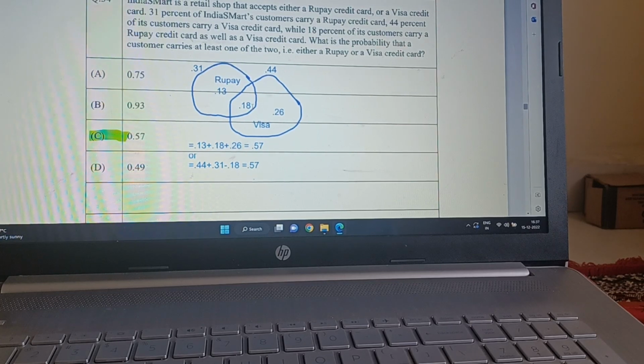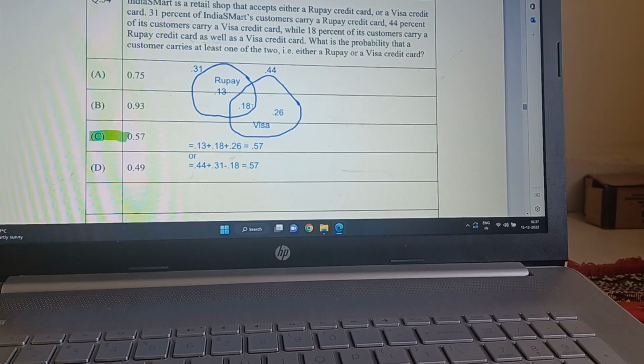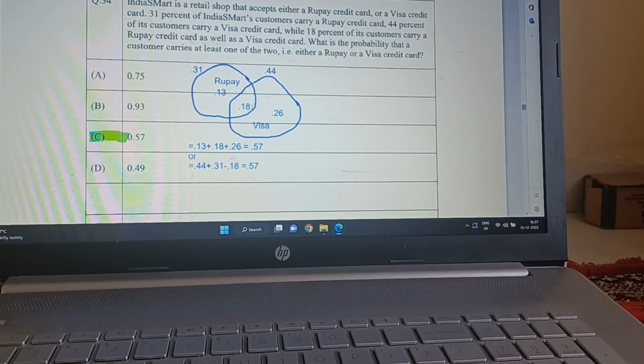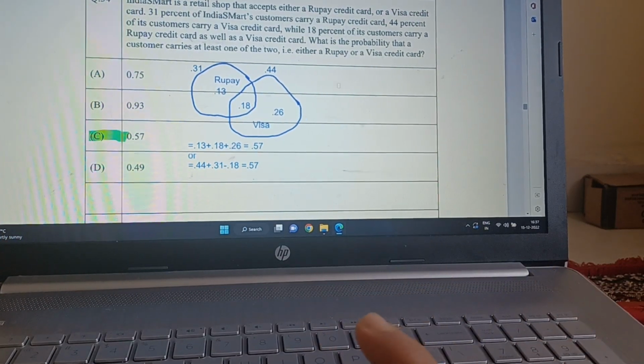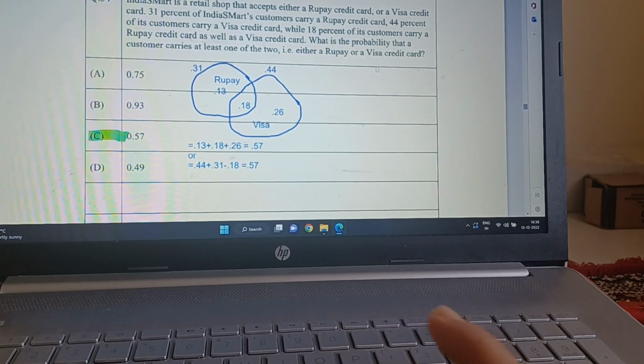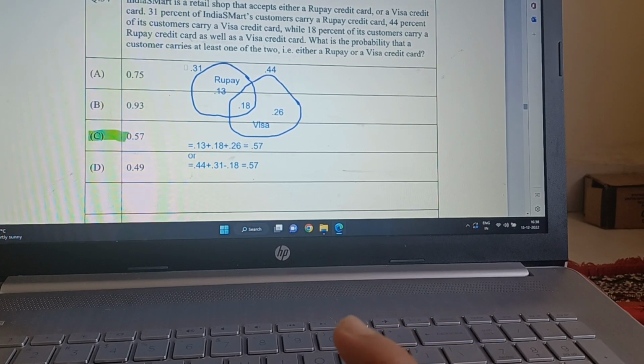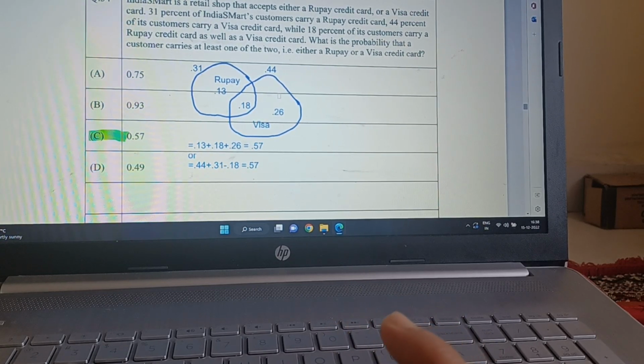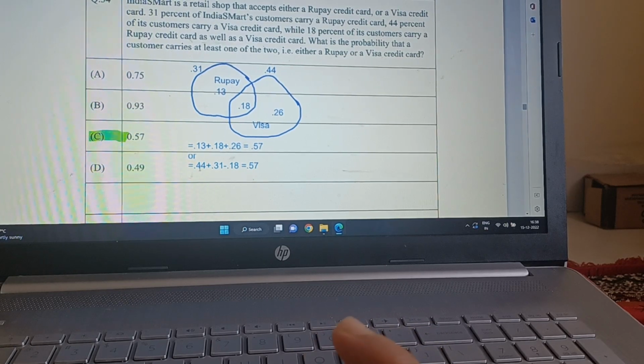And then it asks, what is the probability that a customer carries at least one of the two cards, either a Rupee or a Visa credit card? So the answer is that if it carries Rupee, that becomes 31, and if it carries Visa, that becomes 44. So 31 plus 44 becomes 75%.